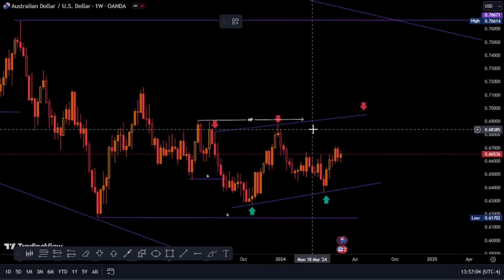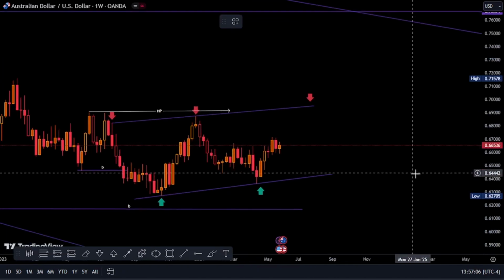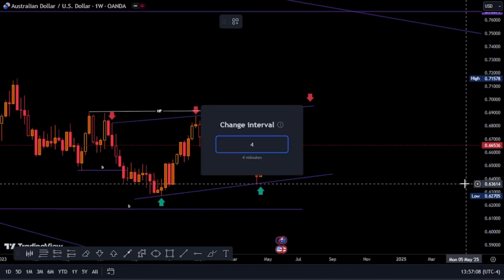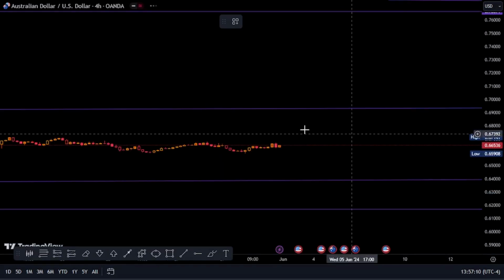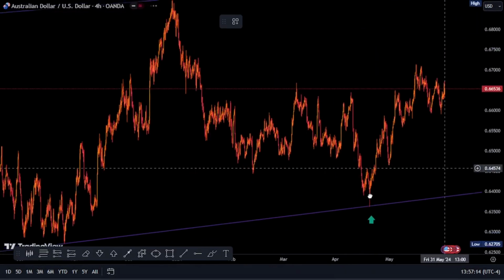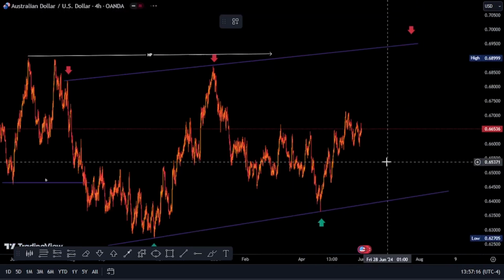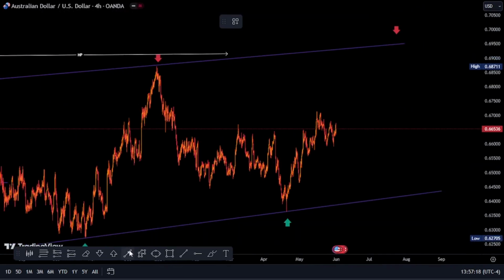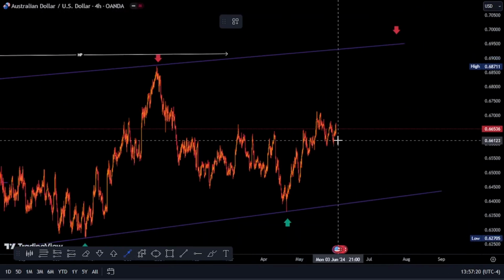And then what I'm expecting the market to do, right? Let's go on 4-hour time frame. What I'm expecting the market to do, guys, is that the market will move up.